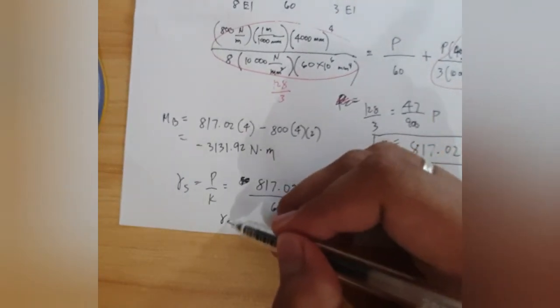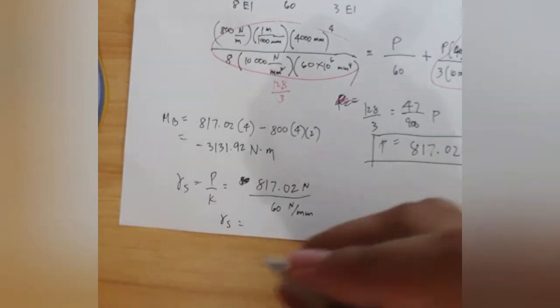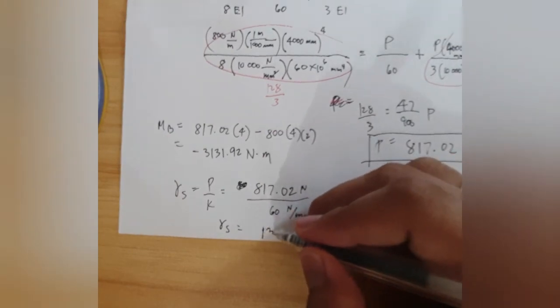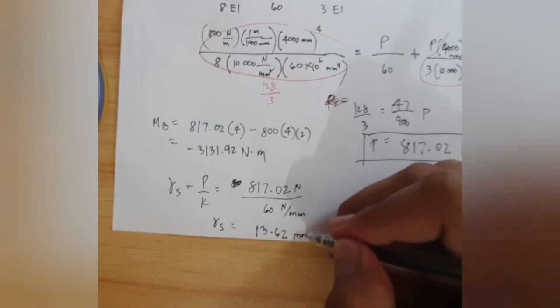So 817.02 divided by 60, we have 13.62 millimeters.